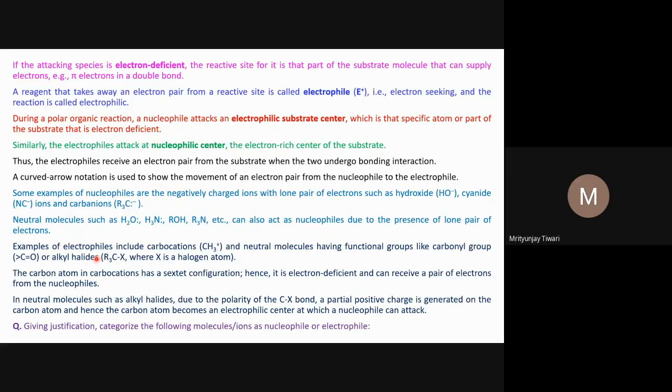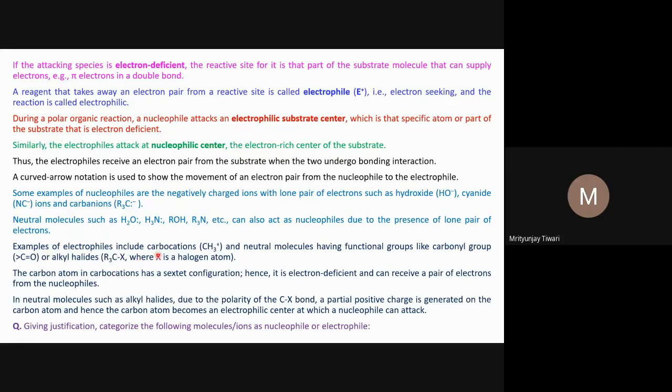And not only the halides but also alcohols. The carbon atom at which the OH group is attached acquires some positive charge, so that center also behaves as an electrophile. So the carbon atom to which the hydroxyl group is attached in an alcohol also behaves as an electrophile.